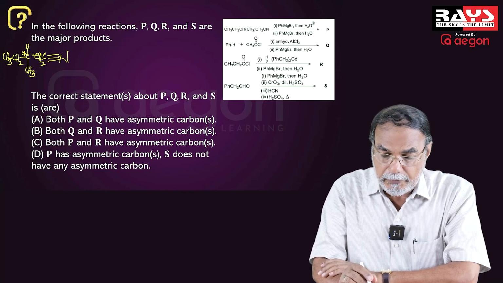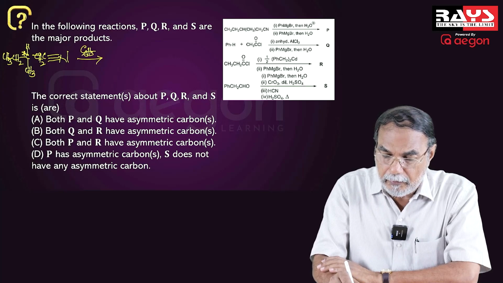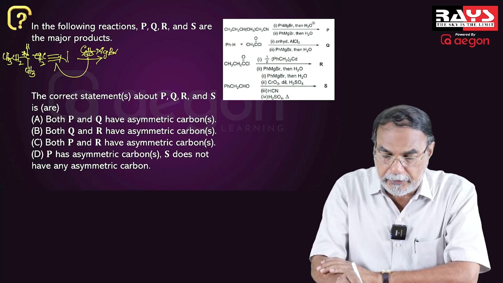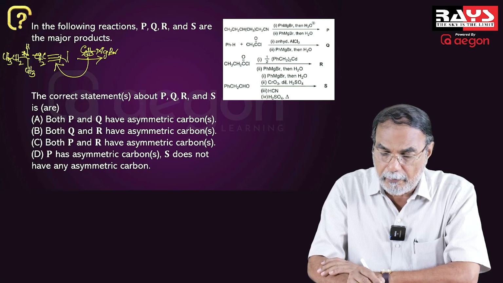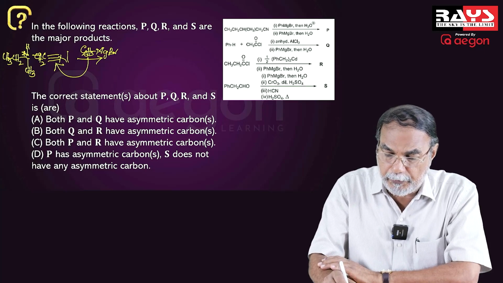Okay? So this compound on reaction with phenyl magnesium bromide, it's an addition of a Grignard reagent to the cyanide group. Okay, it's a nucleophilic addition, followed by hydrolysis. So what will be the product formed?